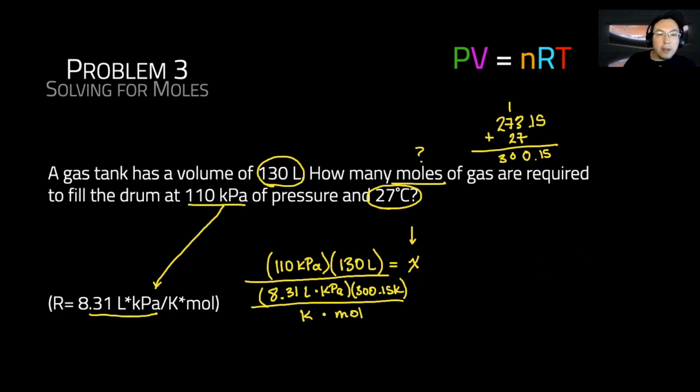Now notice in here, we have a double fraction, right? Well, it's not a double fraction. We have a fraction as the denominator. So we need to remember one thing, that this whole thing on the numerator, we can also express as a fraction, right? So it's going to be 110 kPa multiplied, which is pressure, times the volume, which is 130 liters, right?